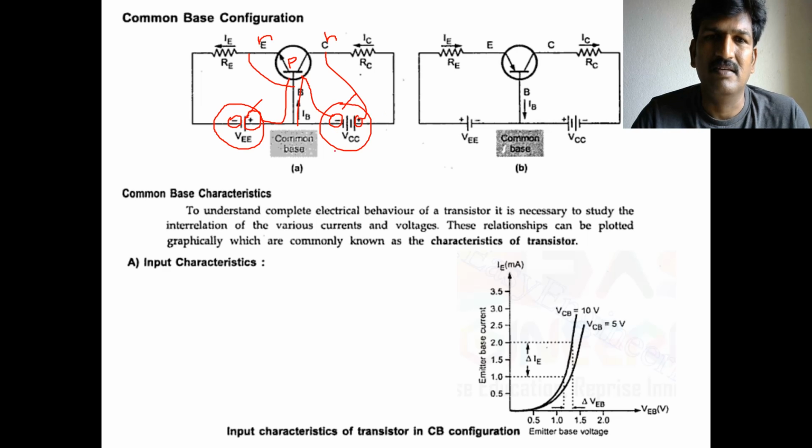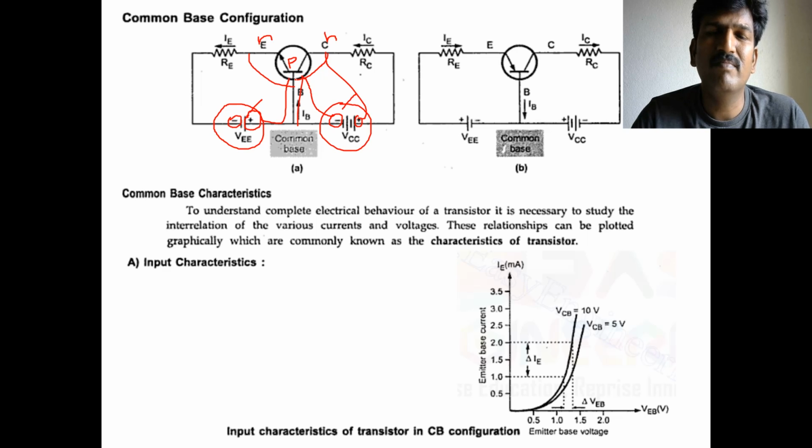When you apply the power supply in this way, plus connected to the N-type material and minus connected to the P-type material, the junction formed between the collector and base is acting like a reverse bias.